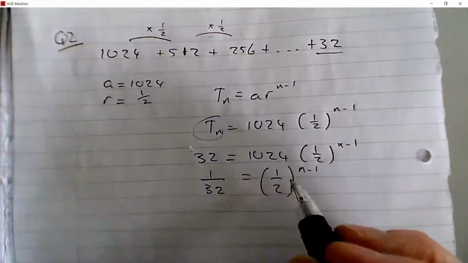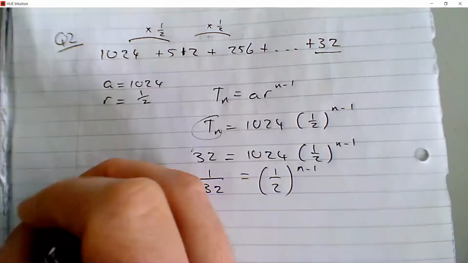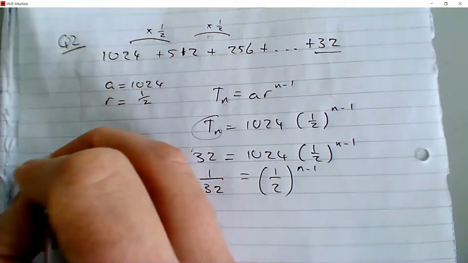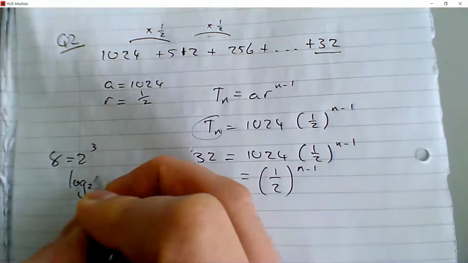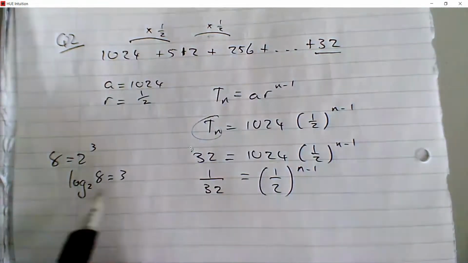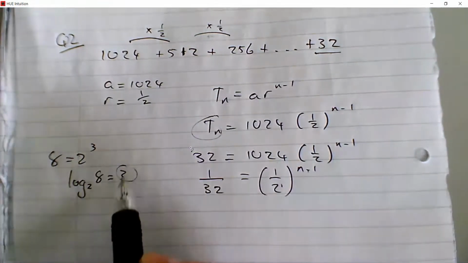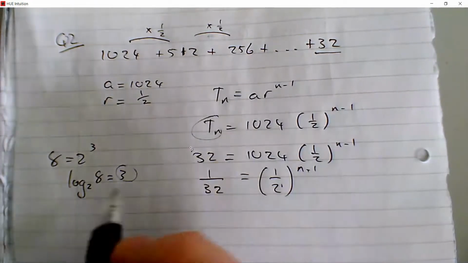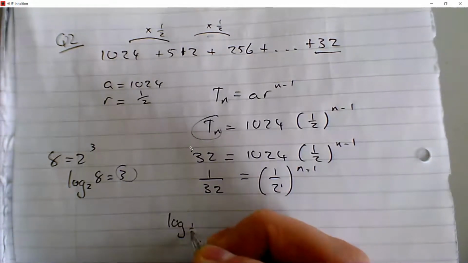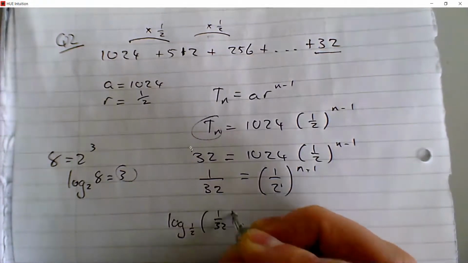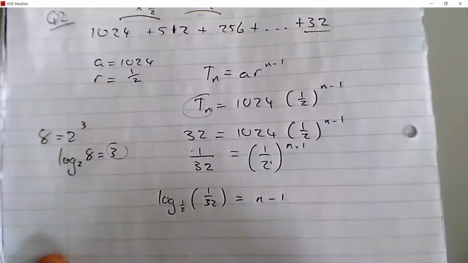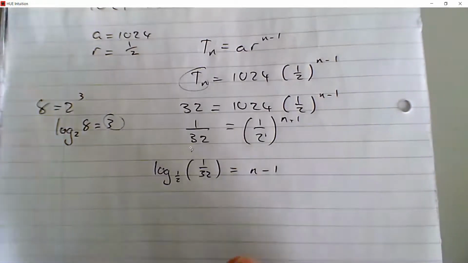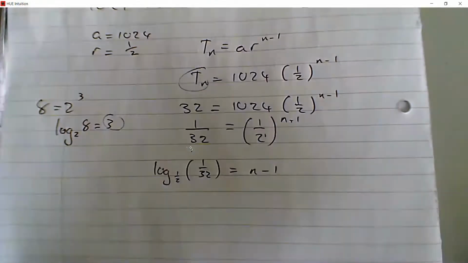I'm going to use my usual: 2 cubed is 8 and log base 2 of 8 equals 3. So I'm going to rearrange it. 2 cubed equals 8, and I want to get the 3 by itself. We're saying log base 1/2 of 1 over 32 is n minus 1. That's how you rejig this. You can do it using indices as well, but I think this way is probably more widely applicable.